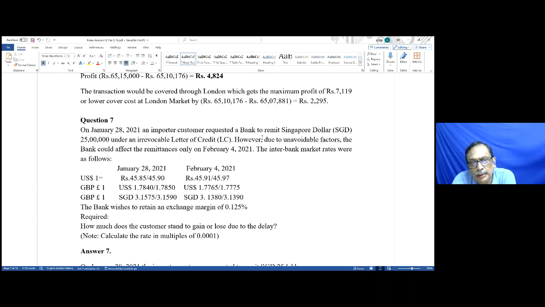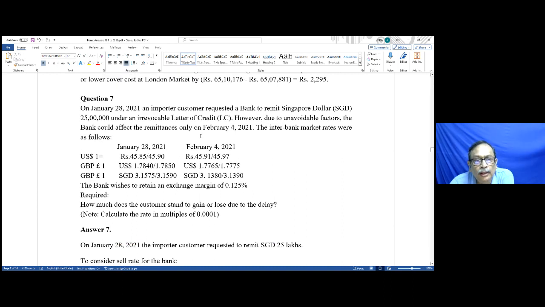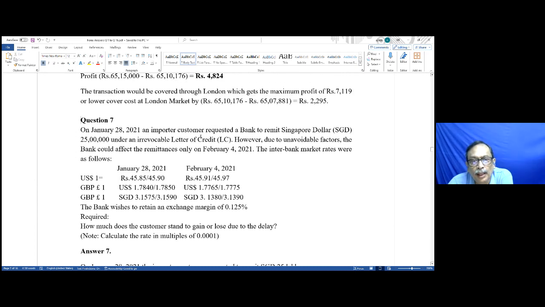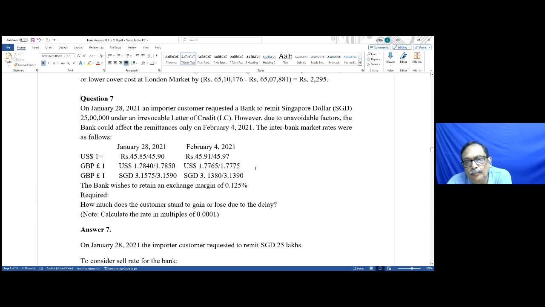Now, what is given: on January 28, 2021, an importer customer requested a bank to remit Singapore dollar, in short SGD, 25 lakhs under an irrevocable letter of credit.